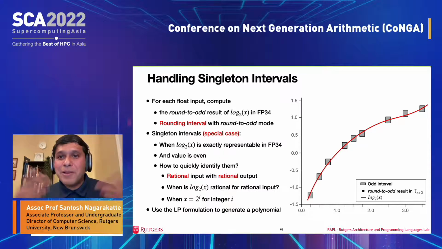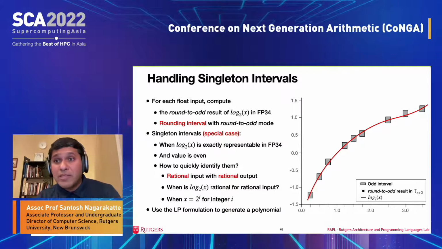We frame this problem of generating polynomials as a linear programming problem, and we use state-of-the-art linear programming solvers, and there are amazing results by others to solve linear programs of small dimensions. We use them and generate polynomials. There may be other ways to solve it too. The bottom line is that the freedom you have by obtaining the correctly rounded result is much more than whatever you get from a minimax polynomial.